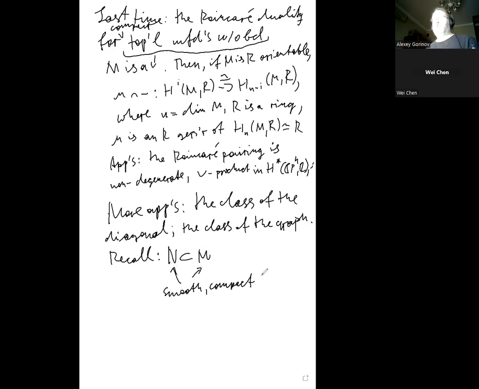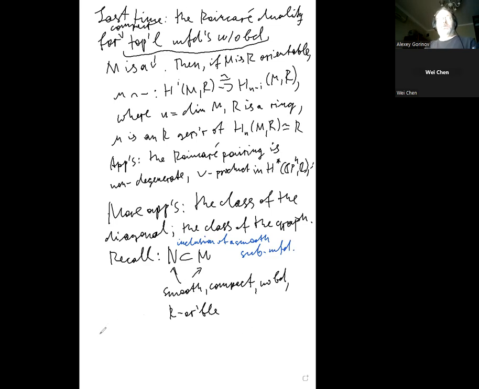Suppose we have a pair of manifolds which are both orientable, and the map is the inclusion of a submanifold. Smooth, compact, and boundary orientable.